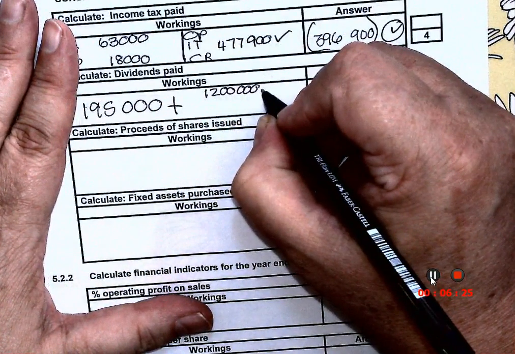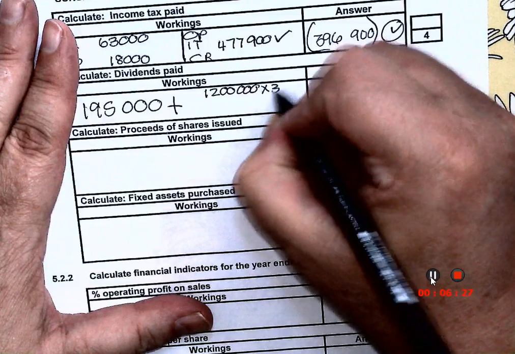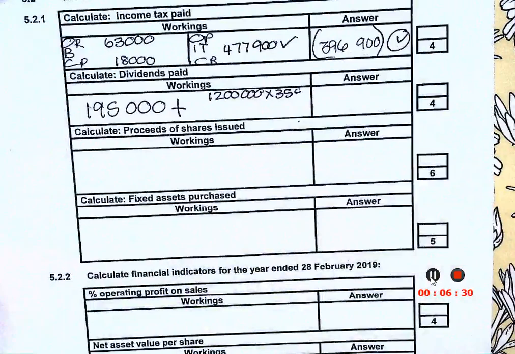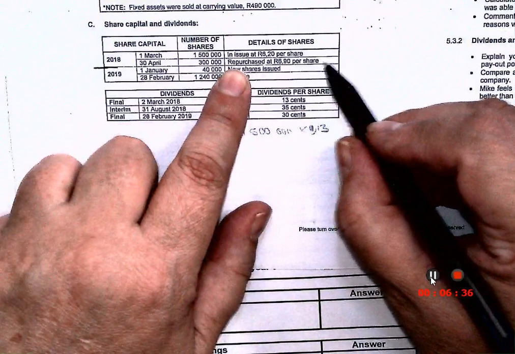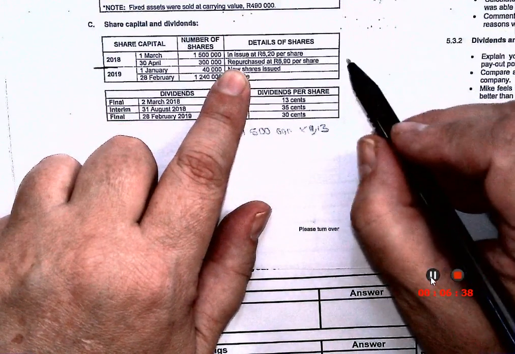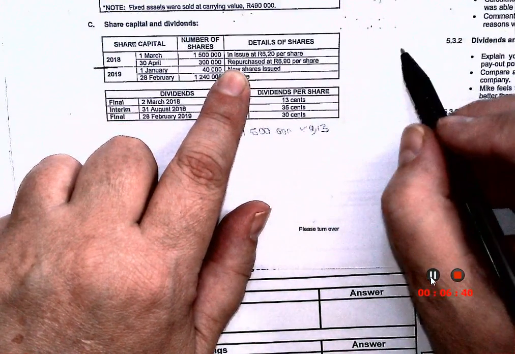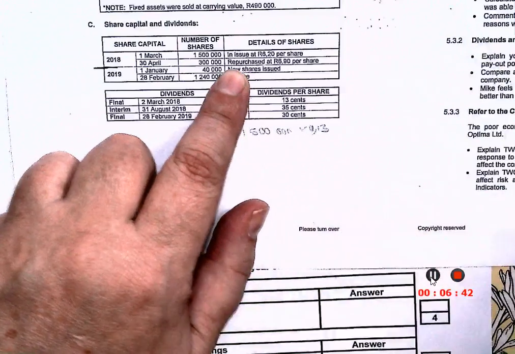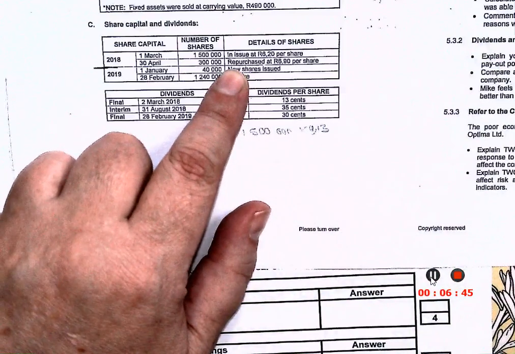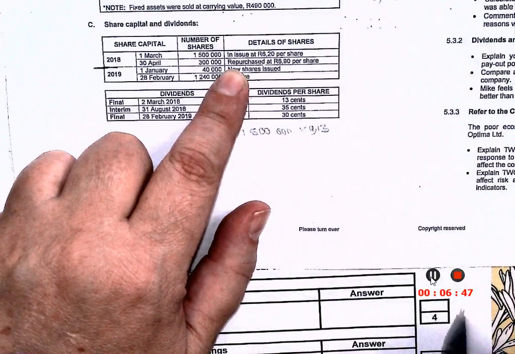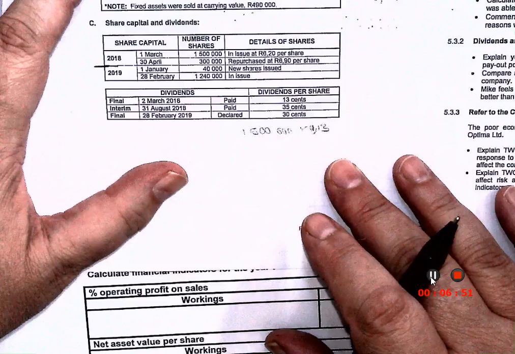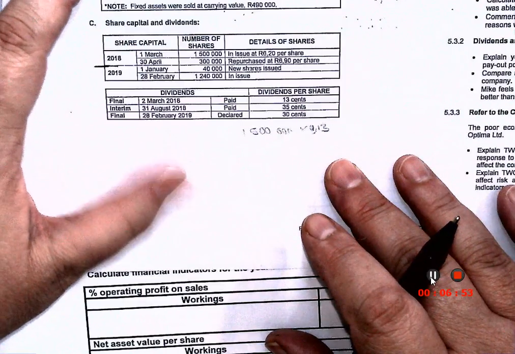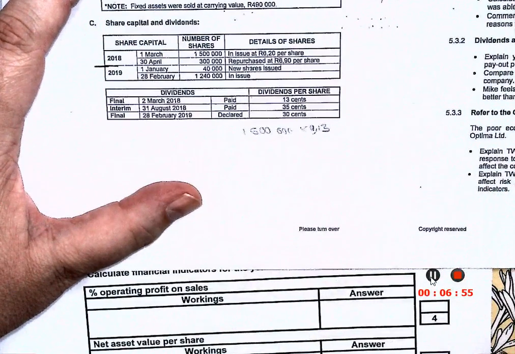You must just be aware that they can make an extra note there where they say these shareholders will still qualify for the interim dividend declared later. They can have a thing like that. So just make a note of that. But they have to say it explicitly. Otherwise, you give dividends to the shares in issue.